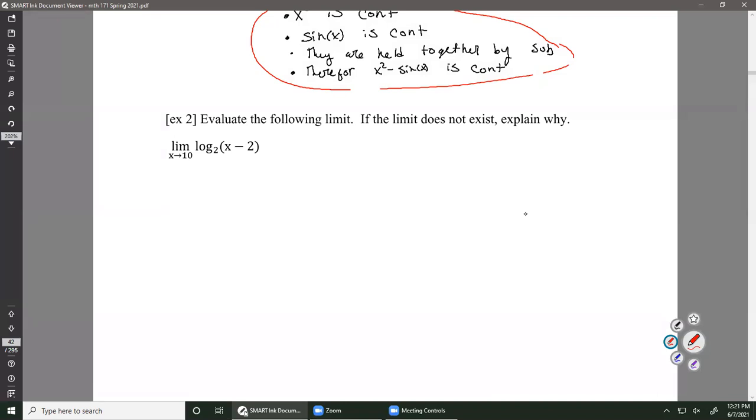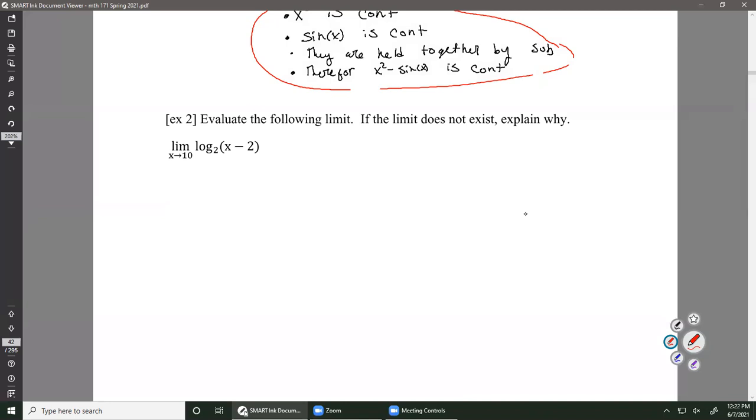Yes. On its domain, is a polynomial continuous? We're holding them together by composition. So is this function continuous? What we are allowed to do, by continuity, is just plug that number in.